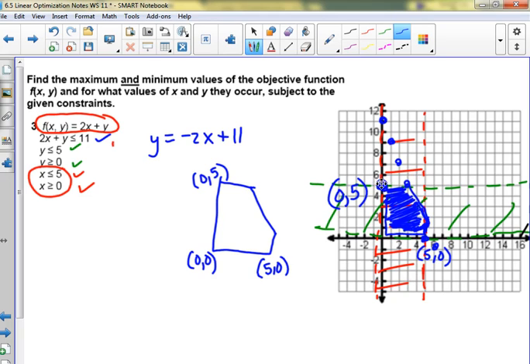This corner, guys, it's on what line? It's on y equals 5, and it's on this blue one, negative 2x plus 11, right? If it's on y equals 5, what has to be true there? The y value has to be 5.